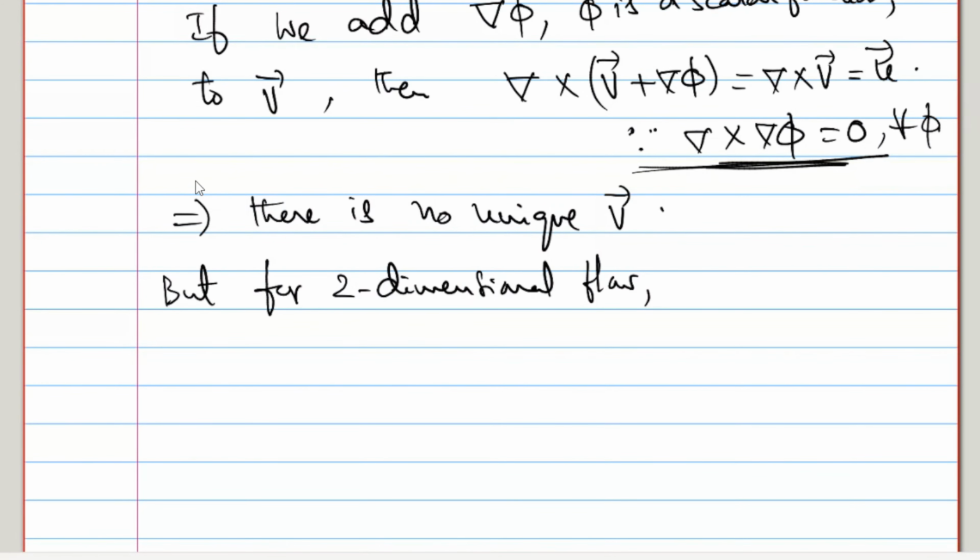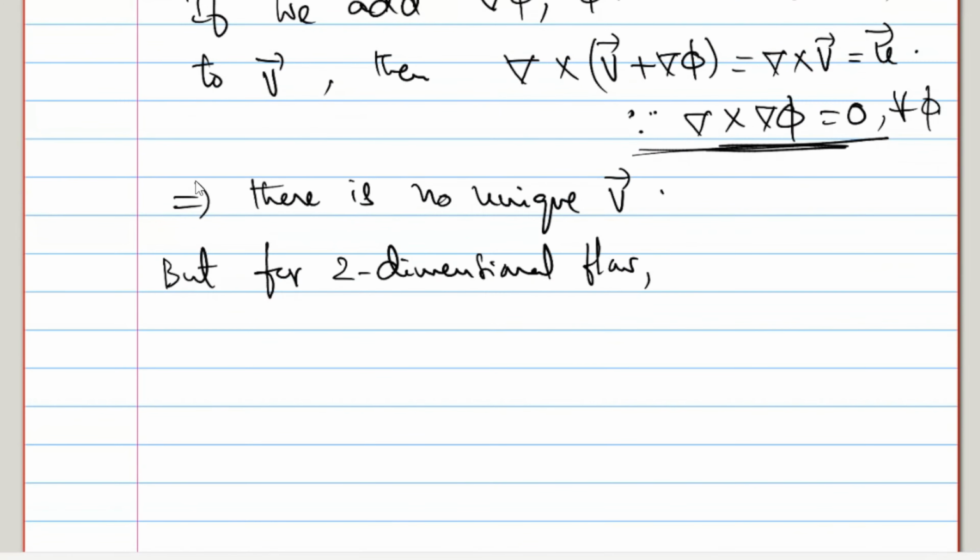So how do I define my V? This V should be perpendicular to the flow, right?